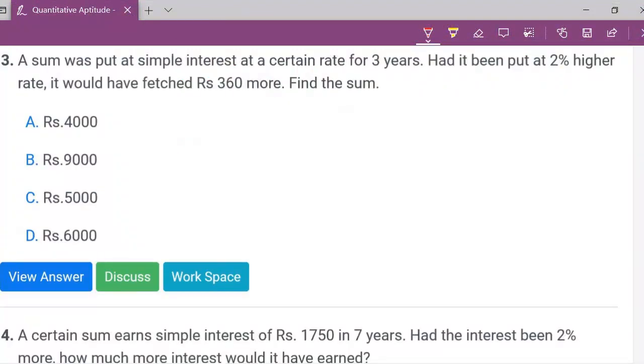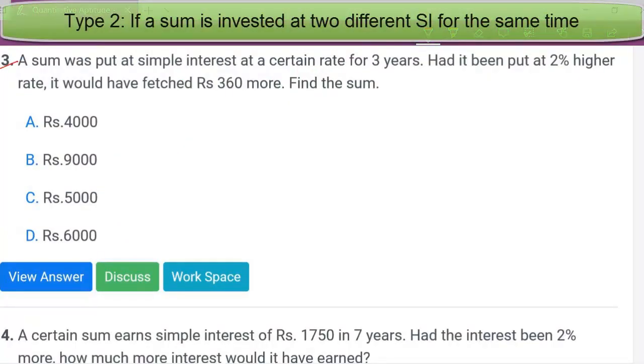So let's go to the second type of question. The question says a sum was put at simple interest at a certain rate of interest for 3 years. Then had it been put at 2% higher rate, it would have fetched rupees 360 more. Okay, so you have to find the sum. So the situation is like the simple interest is P into rate of interest into this 3 years period divided by 100.